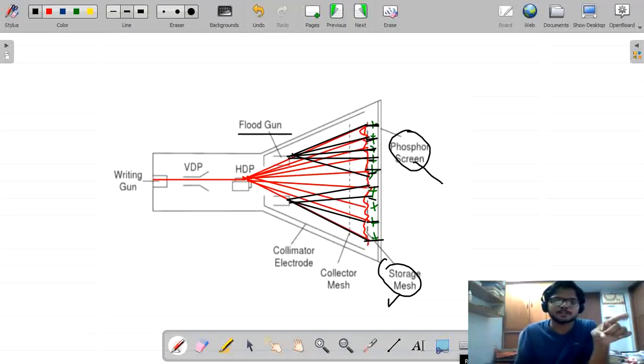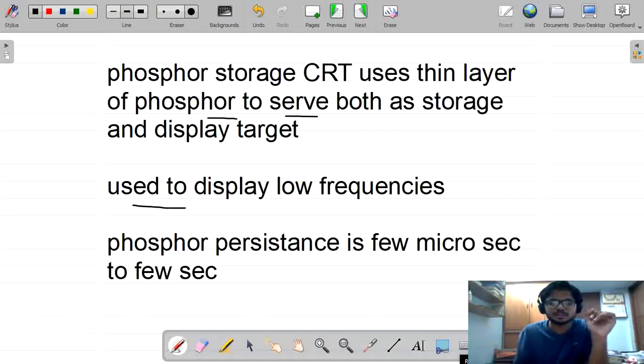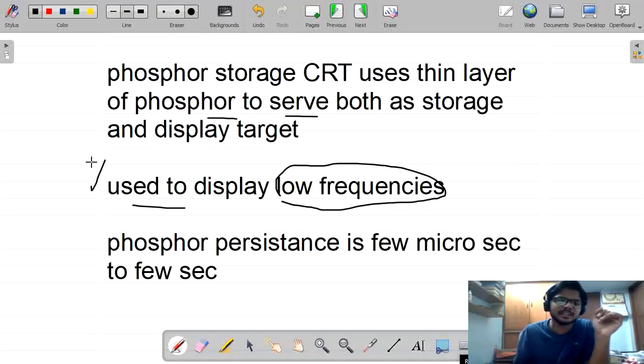But for the phosphor storage, we have only a thin phosphor screen. The remaining principle is the same, but the main difference is that for the mesh type we have a storage mesh and phosphor screen, while for the phosphor storage we have both as phosphor. In phosphor storage we use a thin layer of phosphor to serve both as the storage and display target. It is used to display low frequency signals. It is a very important point.